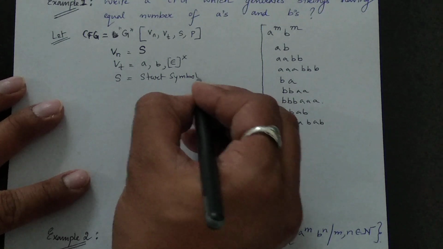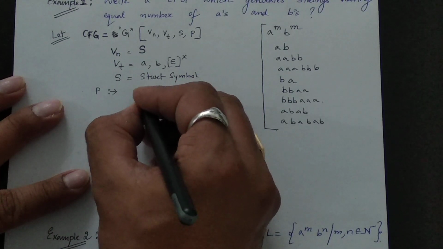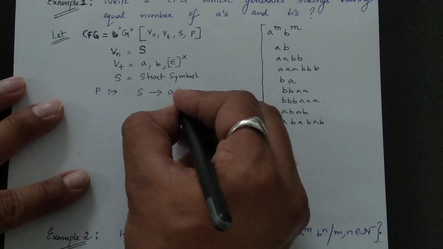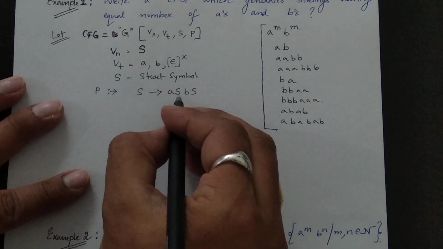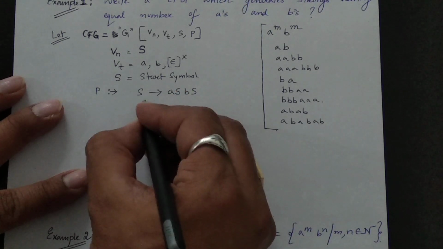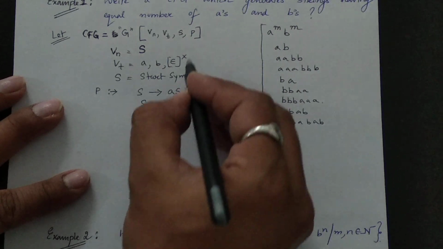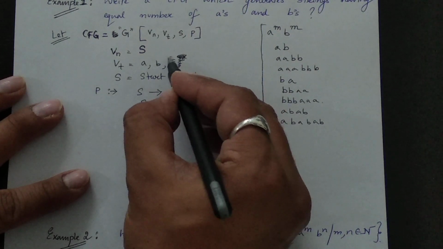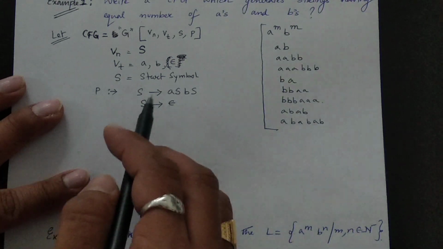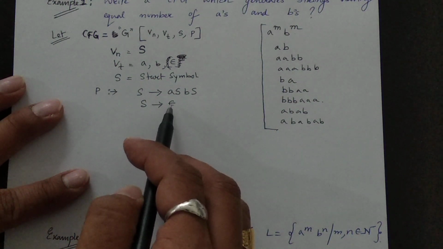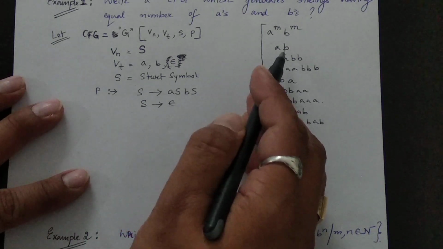Now, what is your aim? Productions. I can write like this: S tends to A S B S. This is my logic. Also, S tends to epsilon. Now here epsilon comes, so I can remove this part, and I can also include it in the terminal symbols. If I apply S as epsilon, then it will be AB, which is the first string.